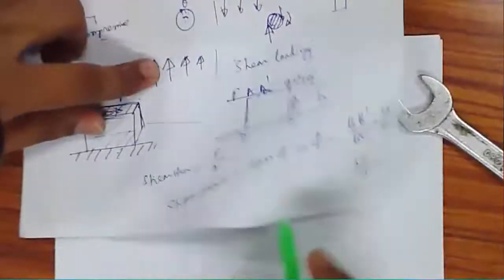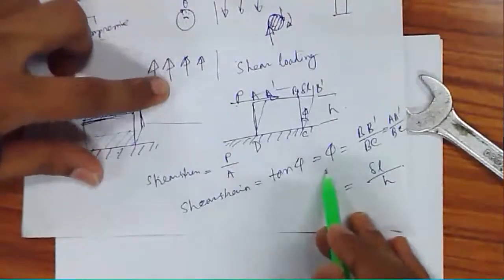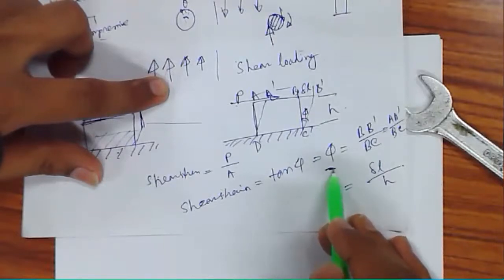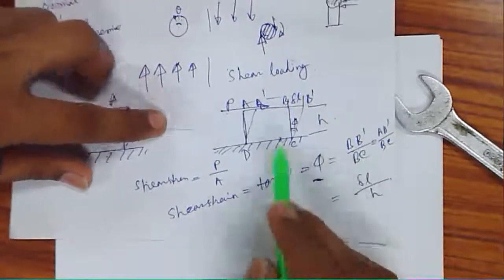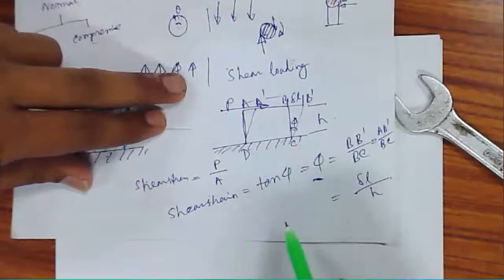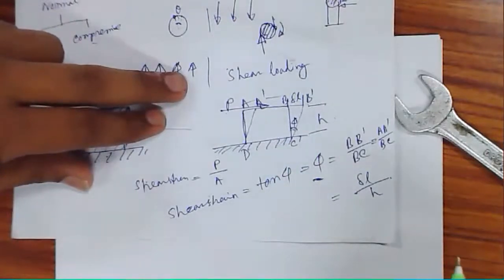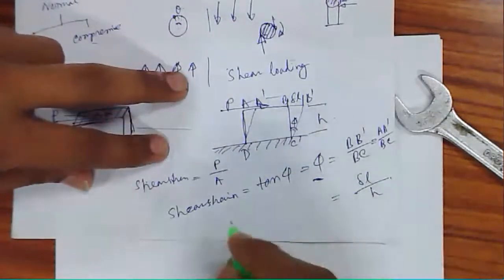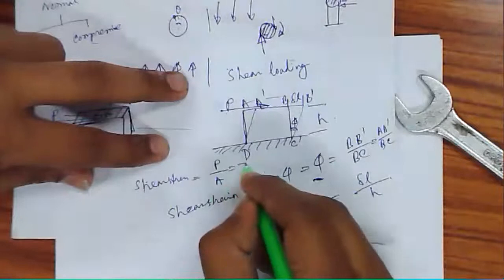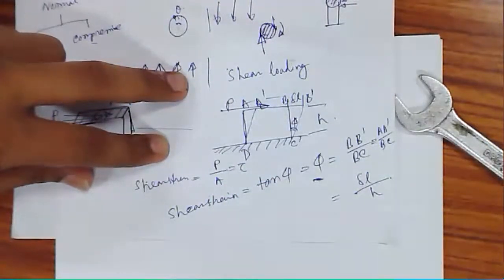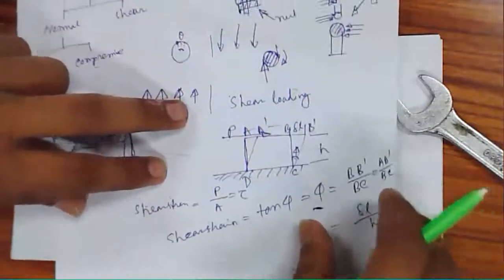If you remember, in our last class, in this region we discussed what phi is. This is shear stress, this is shear strain phi. If you look at the previous day's class, you'll be able to understand, and the shear stress is denoted by tau.